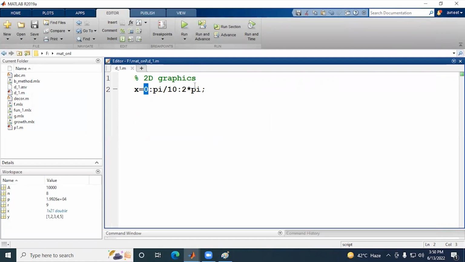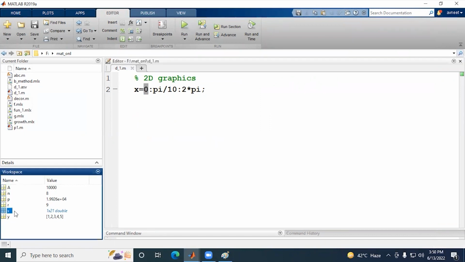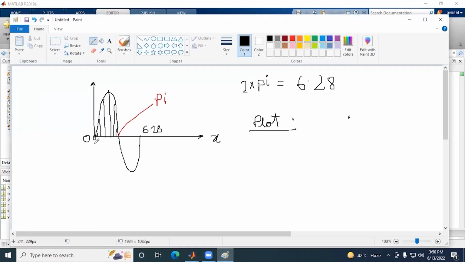Let me just run this. Yes, x is 1 cross 21, so that means I am getting 21 points. I hope you understand why I used pi, because it is an easy way to divide things.